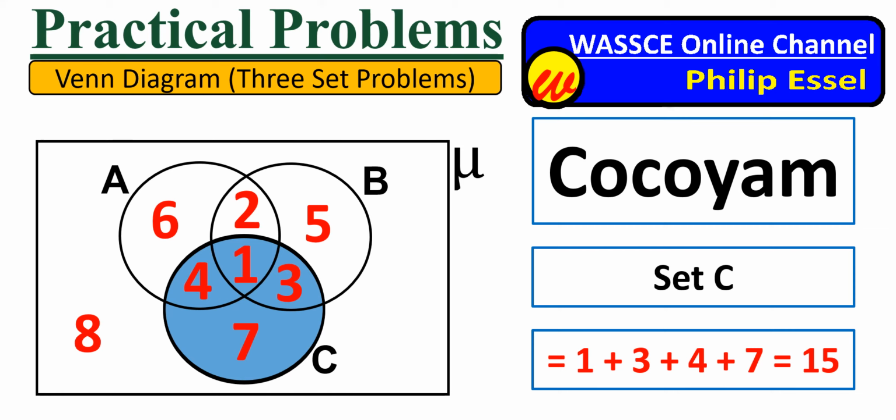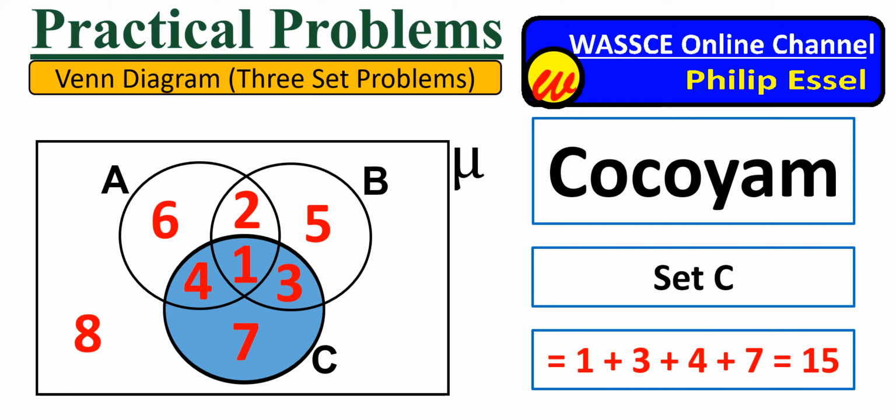So the 3 people in the circle, they eat cocoyam, but at the same time they also eat bananas. Then that one person in the center, he eats cocoyam, but in addition to cocoyam, he eats bananas and apples. So we need to note these as well. It's very important.